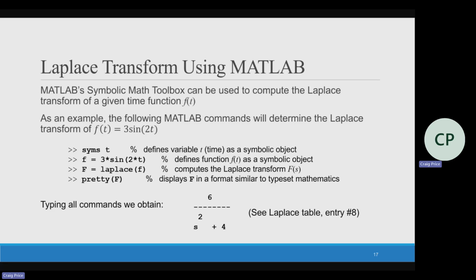Instead of a one line output, it'll make it stand out. It'll make it pretty. Maybe. Sometimes it's weird. So that's not a required line, but this is how we do the Laplace transform. So we can see it got the same answer as us.